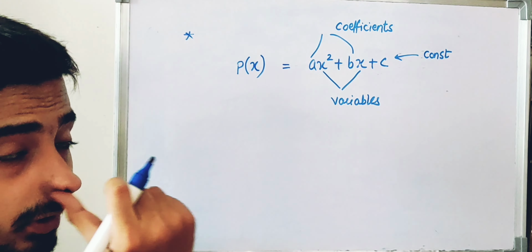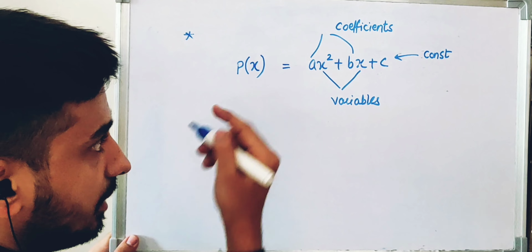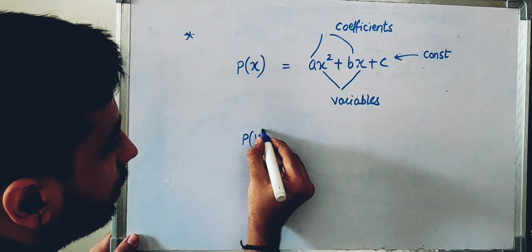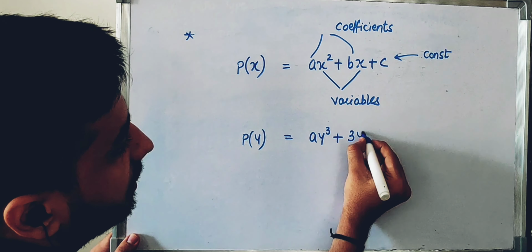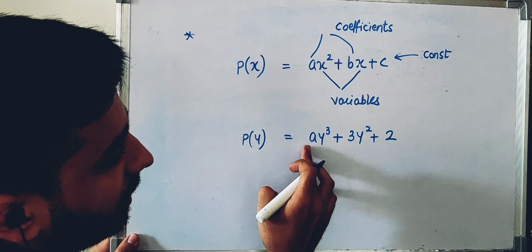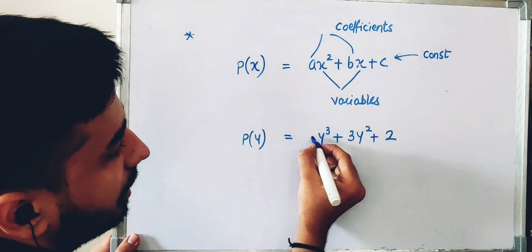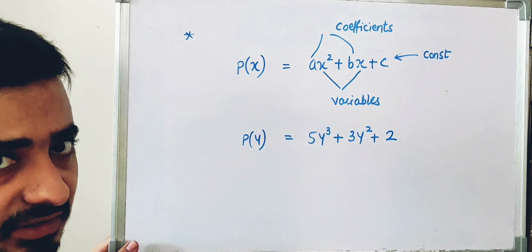Okay, so what is p of x? A polynomial that contains only the variable x. Clear? Now p of y, a polynomial which has the variable y. For example, a y cube plus 3y square plus 2. Or I will change the value of a to 5. You can take a, b, c also. We are just discussing an example.